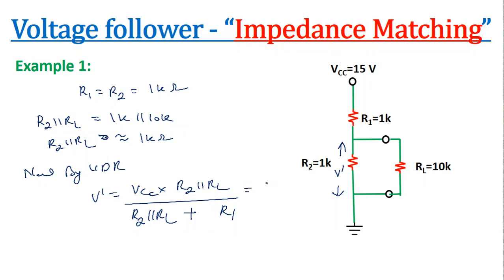After putting in all the values, VCC is 15, so 15 into 1K divided by 1K plus 1K, and we get V dash approximately equal to 7.5 volt. Now we have achieved the desired voltage which we were getting before when we had not connected RL. So here we have achieved 7.5 volt after changing the resistances of the voltage divider.